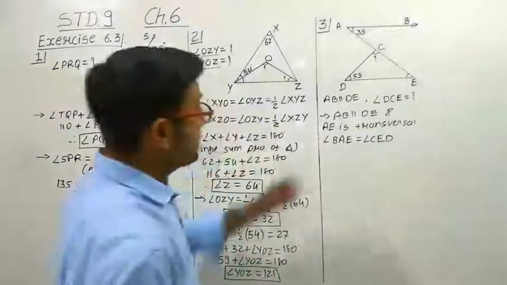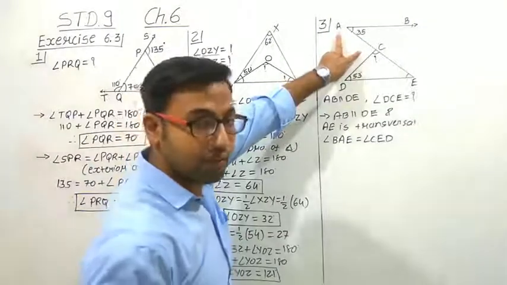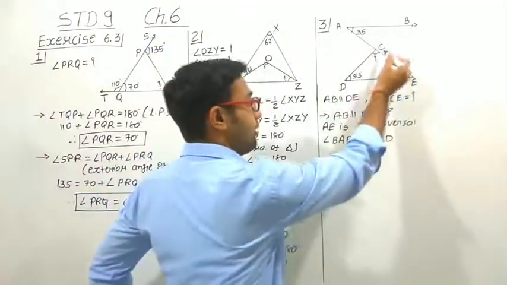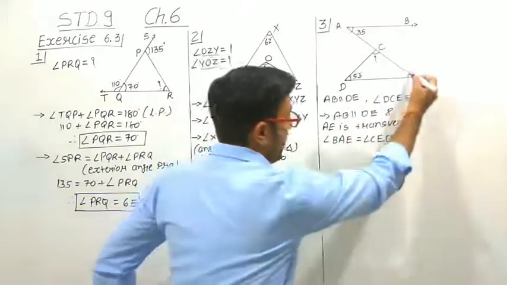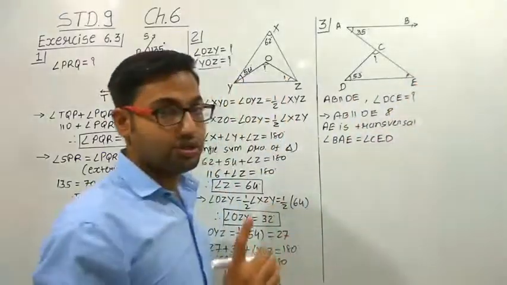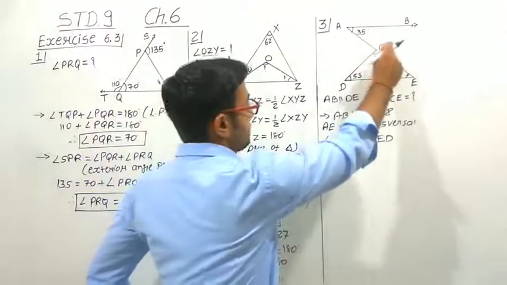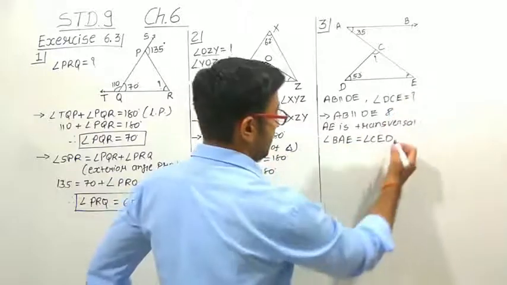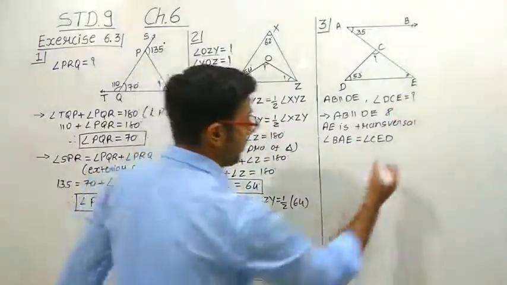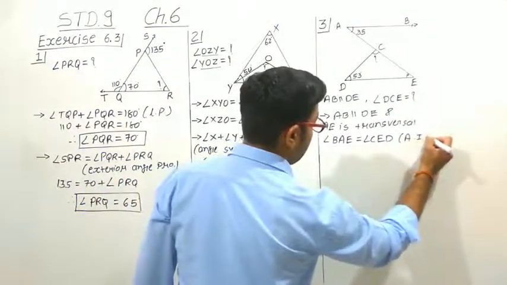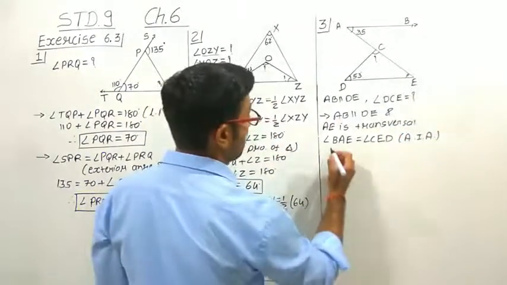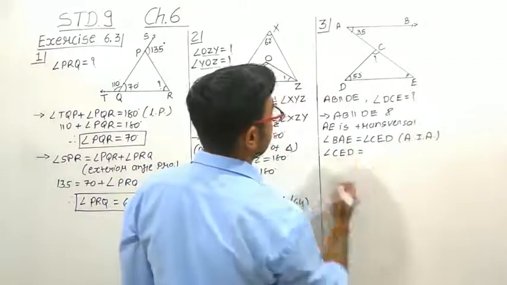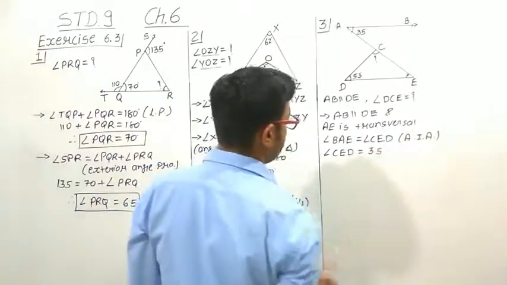Read this: C and A are collinear points, so instead of writing AED, we can write CED because the angle remains the same. Both angles will be equal according to the alternate interior angle property. So angle CED will be equal to 35 degrees.